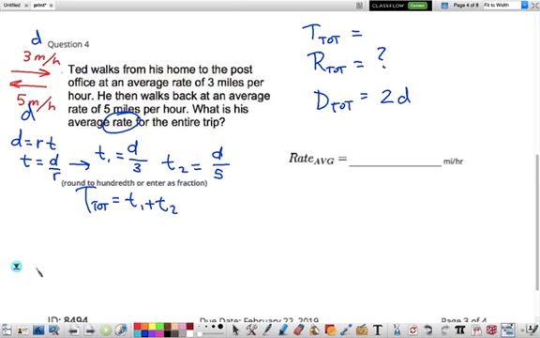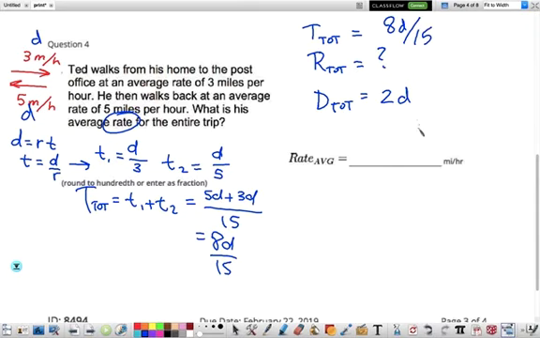Well, let's see, this is 5d over 15, this is 3d over 15. So 5d plus 3d over 15, 8d over 15. That's just simple math. 8d over 15 is time.